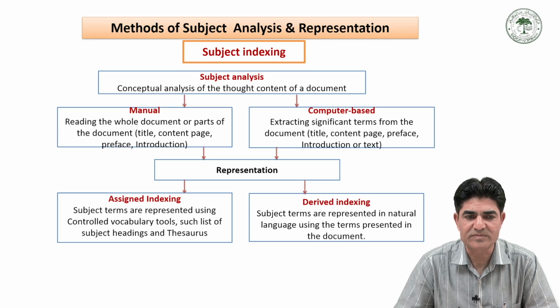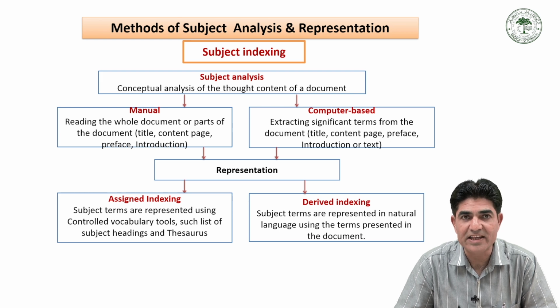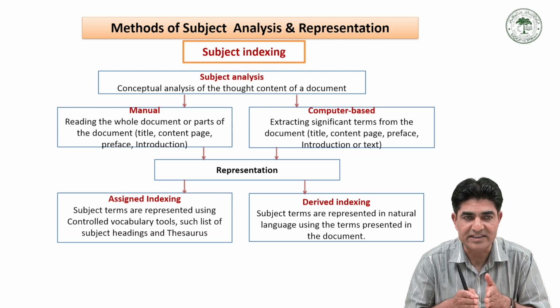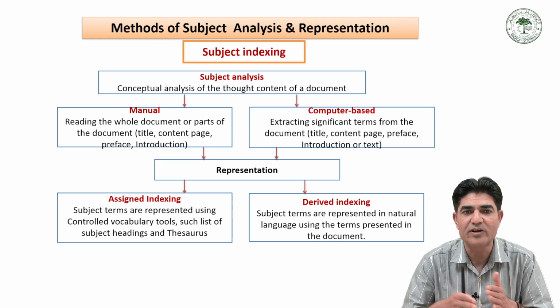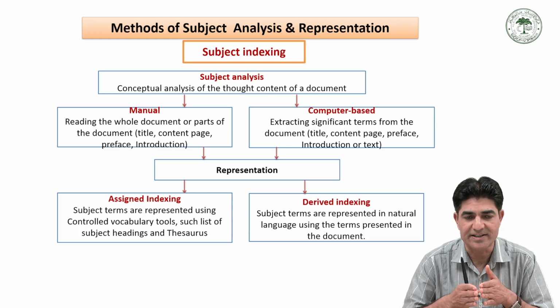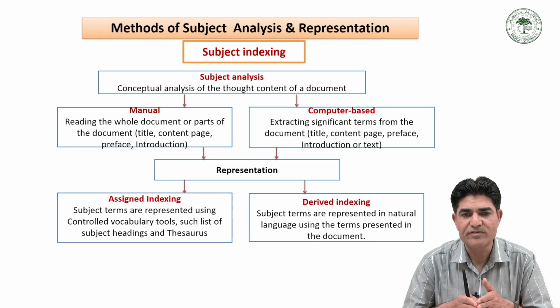When the terms are represented using controlled vocabulary tools or any kind of indexing system, pre-coordinate or post-coordinate, it is called the assigned indexing system. If the subject terms are represented in natural language using the terms presented in the document, it is called the derived indexing system.